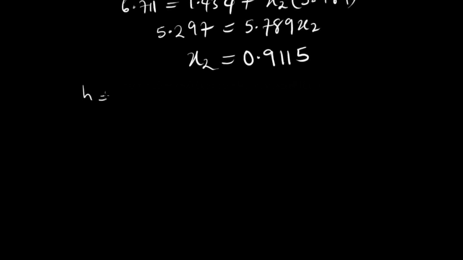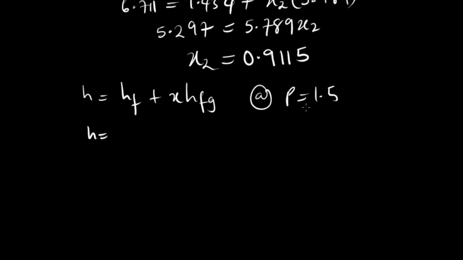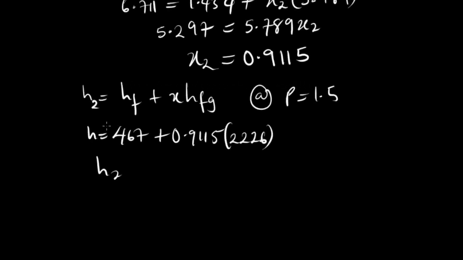Now we can compute our enthalpy. Still at the saturated table, at P equal to 1.5, you get your HF, which is 467, plus 0.9115 times HFG, that is 2226.